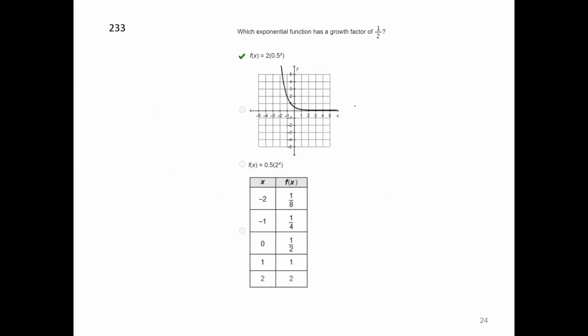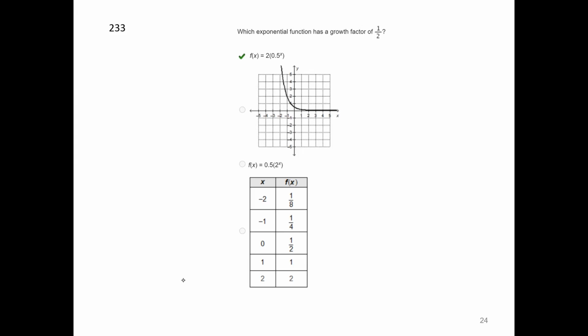233. Go ahead and highlight the important information, you guys. Okay, which exponential function has a growth of 1/2?